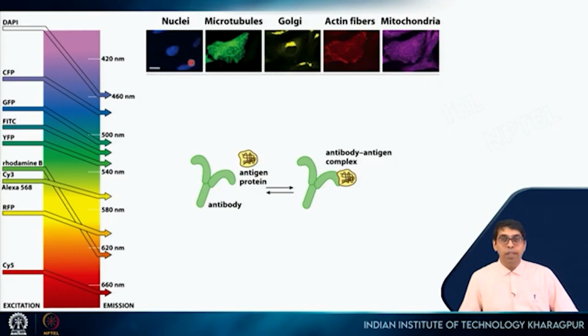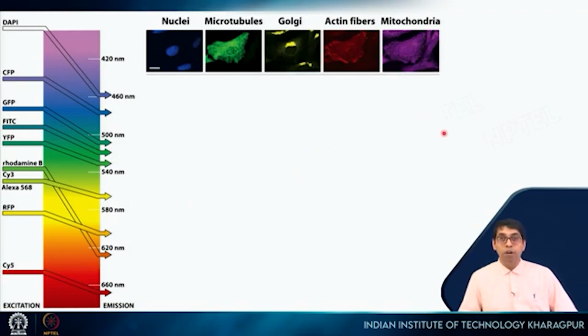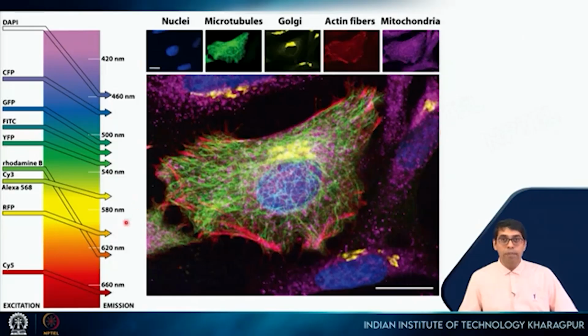So the same cell you are looking at these different components using different antibodies conjugated to different fluorescent dyes, and you can combine these images to get an image like this, which shows the localization of all these different molecules inside the cell. You can see the actins are mostly on the cell membranes, microtubules are spread throughout, that is the nucleus, right, and mitochondria is also distributed throughout the cell.